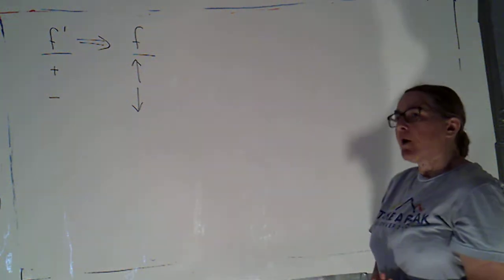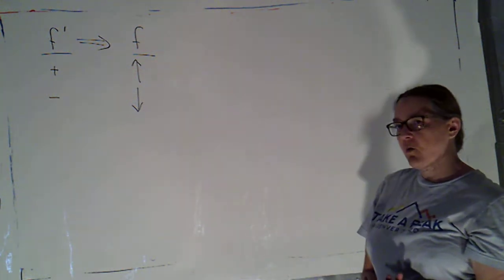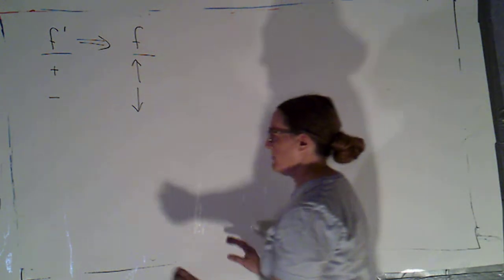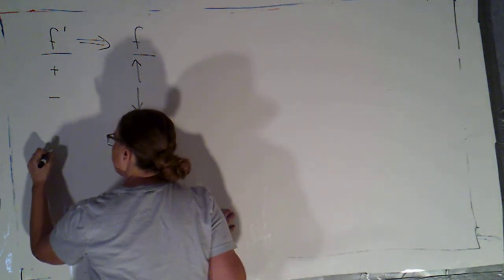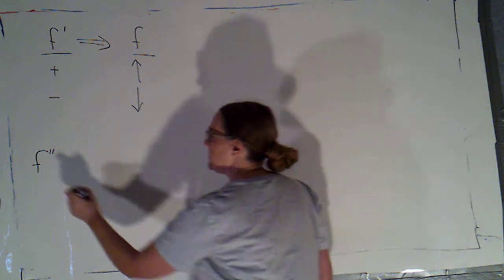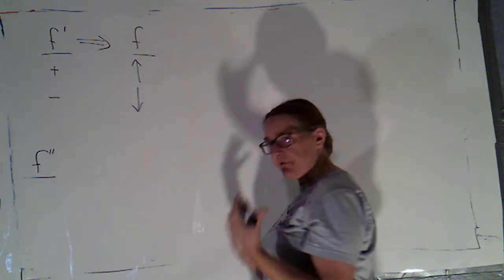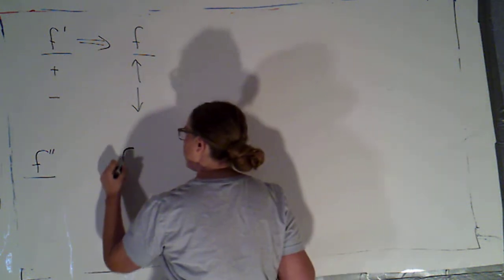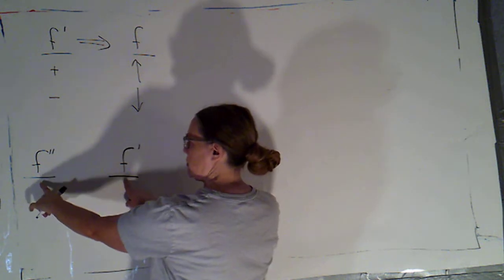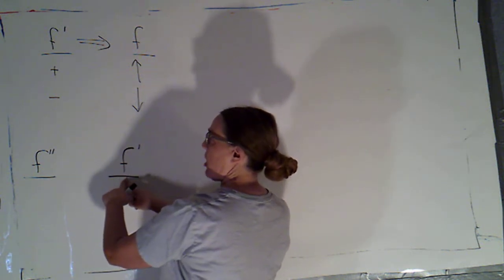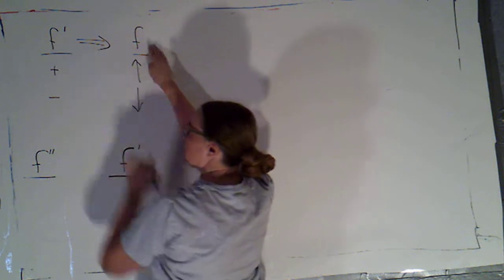What I want to do is see what I know about f double prime. So I'm going to start with some information about f double prime. Now, f double prime is the first derivative of f prime. So the relationship between f double prime and f prime is the same as the relationship we have up here.